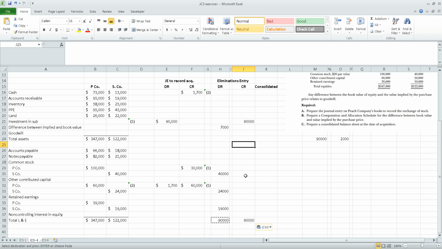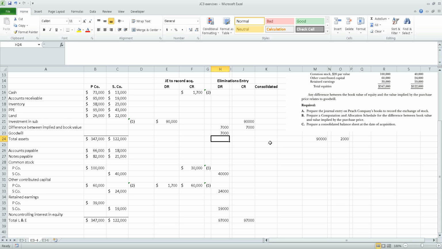Now the next elimination entry we have to prepare takes the balance in this suspense account, this difference between implied value and book value, and allocates it to the account to which it applies. And the account to which it applies is goodwill. So we're going to credit this account $7,000 and debit goodwill $7,000.